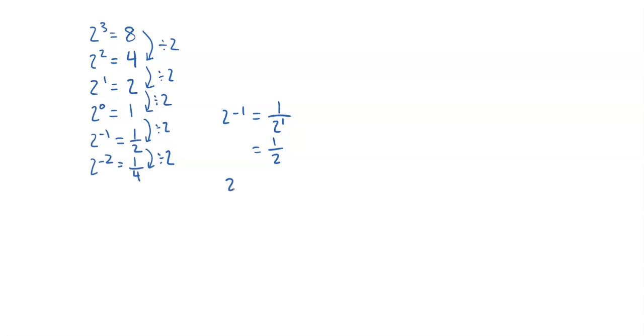And again, 2 to the power of negative 2 is 1 over 2 squared, making it positive when you flip it, which gives you 1 over 4. And so that's simply another way to look at it. If you need convincing, try doing the same thing with powers of 3. I'm not going to take it up here in this video, but you could do this and see what happens. You're dividing by 3 each time when you do powers of negative 3.